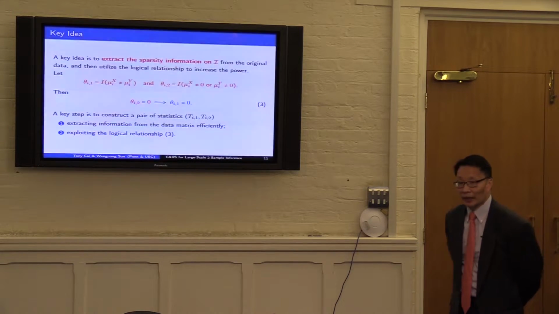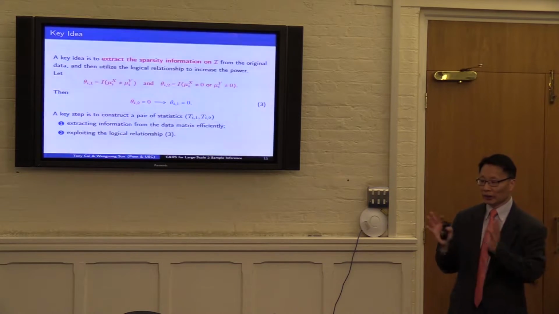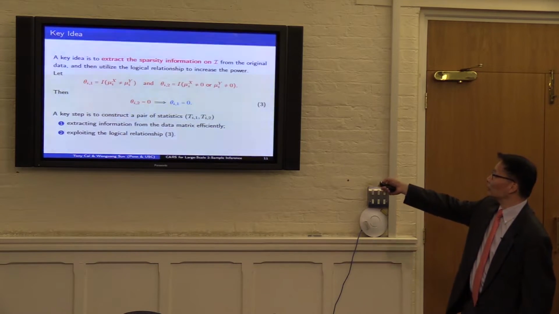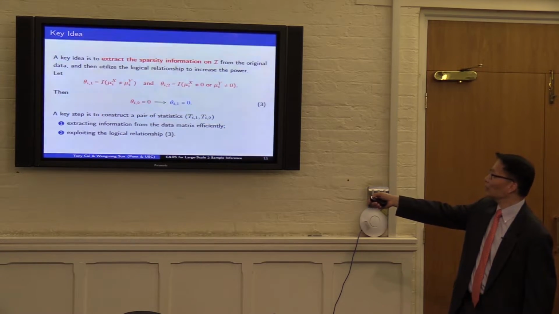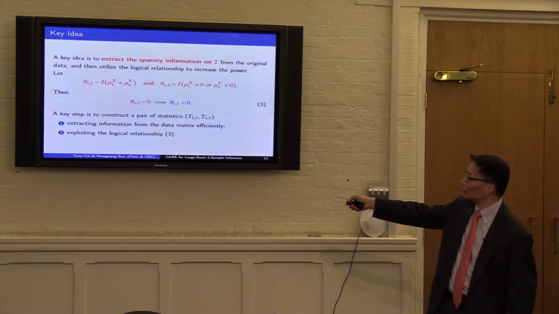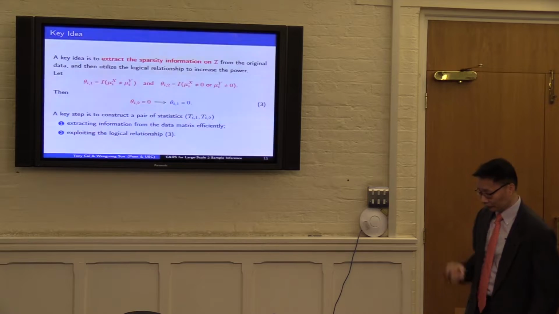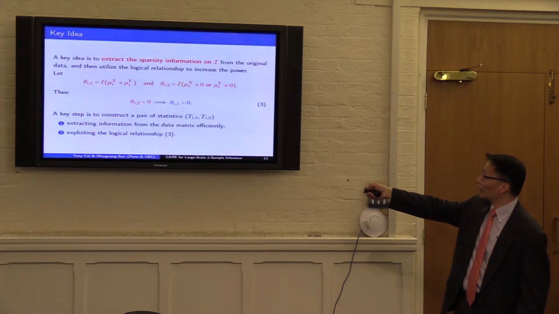So our key idea is to extract the sparsity information on the union support from the original data using some other statistics, and then utilize the logical relationship to increase the power. So we are going to use theta I1 to indicate whether mu iX is equal to mu iY or not. And theta I2 is the union support.